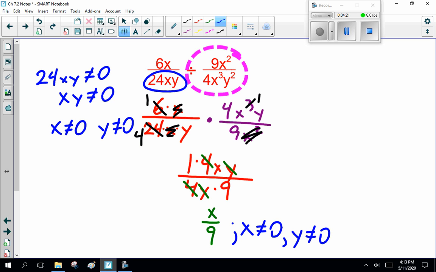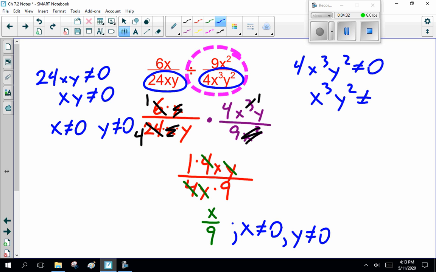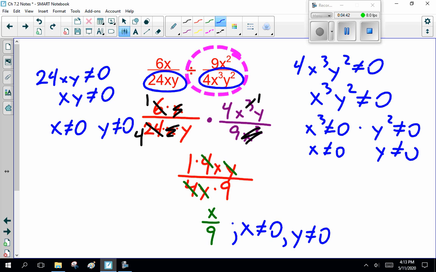And I do the same thing over here. 4x cubed y squared cannot equal 0. Divide both sides by 4. X cubed y squared can't equal 0. So x cubed can't equal 0, so x can't equal 0. Y squared can't equal 0 because we're multiplying, so y can't equal 0. And then when I flip it, I got my other denominator here, 9x squared. So 9x squared can't equal 0, but we already figured that out.